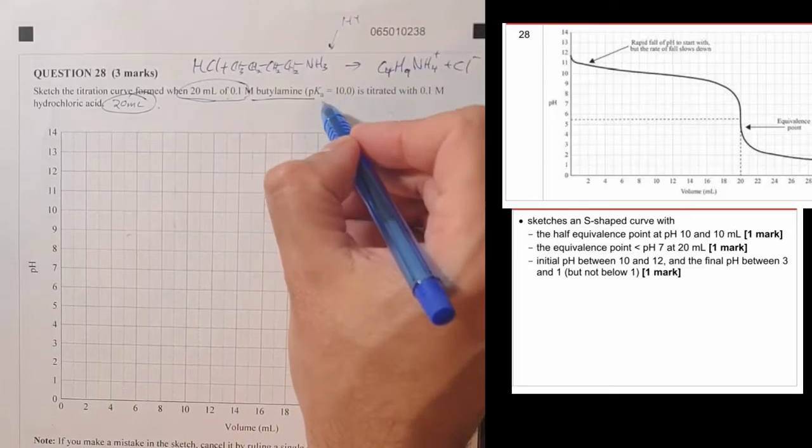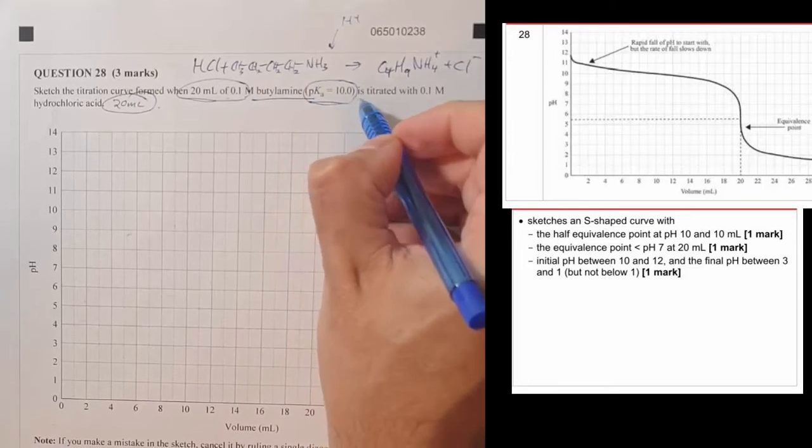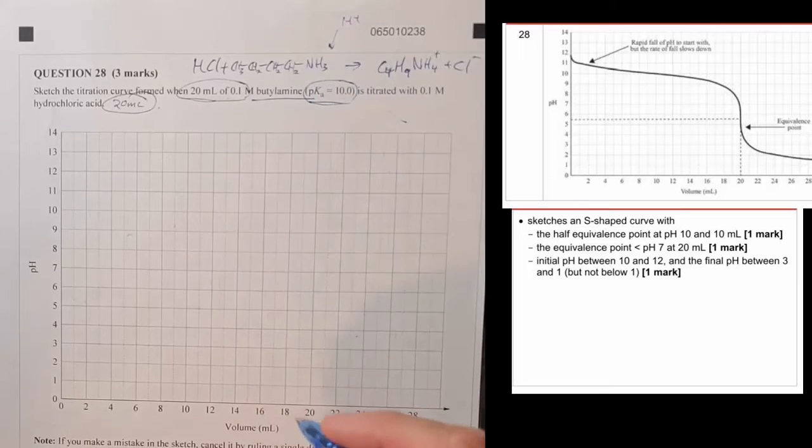The other thing we know is that the pKa is the pH at the half equivalence point. So the equivalence point is going to be at 20. We're going to use a pencil here. So that's going to be the equivalence point.